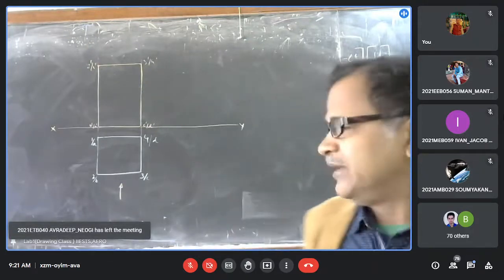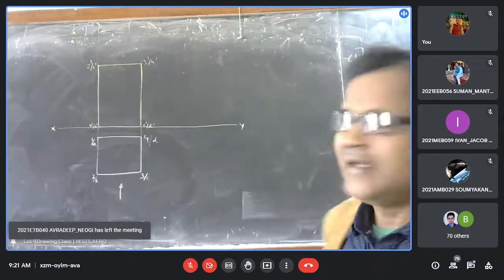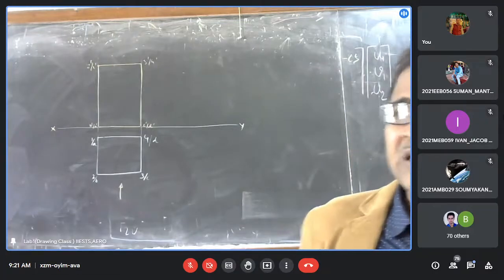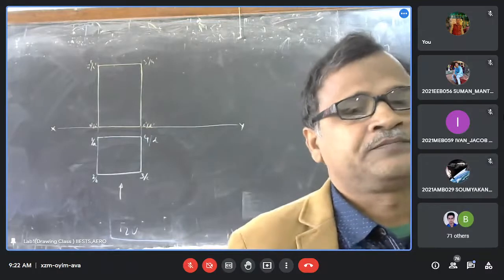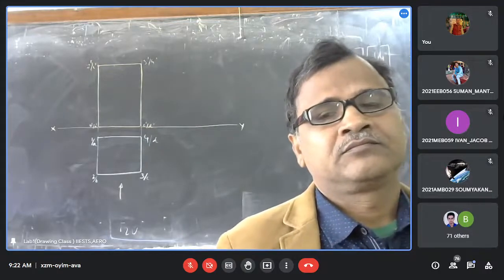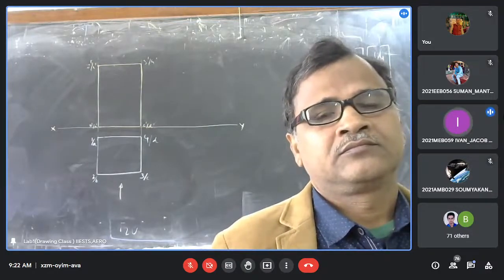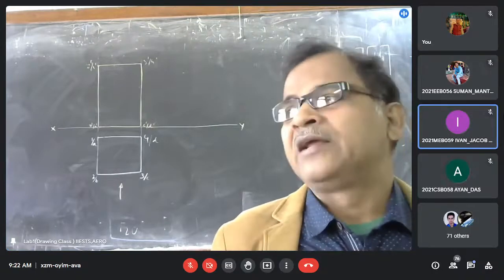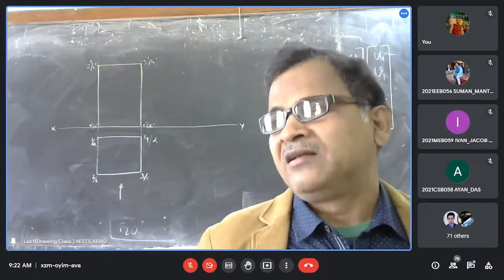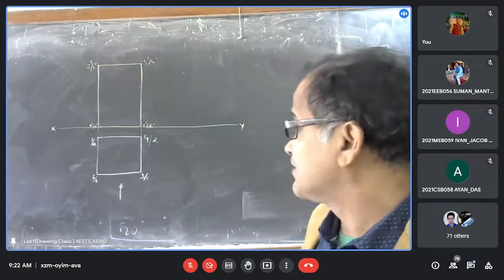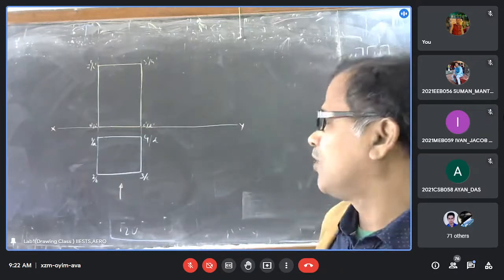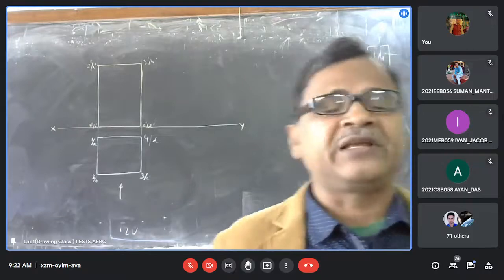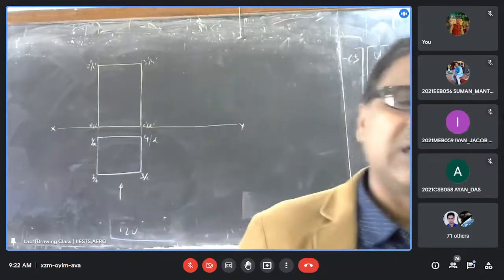Now, can you tell me what angle the rectangular surface is making with the horizontal plane? Perpendicular, yes, 90-degree angle. Right now, the left hand side and right hand side rectangular surfaces, and both top and bottom also, are making 90 degrees with the horizontal surface.